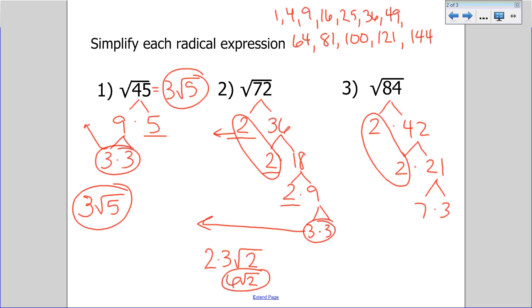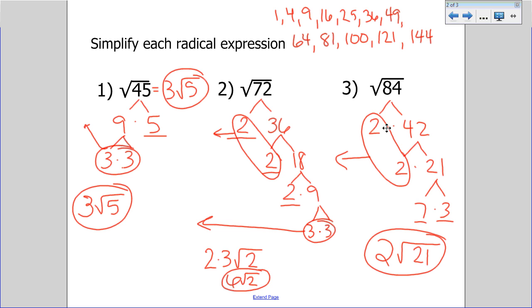These are both prime, so we know they don't break down any farther. So if we look here, 2 is going to come outside of the radical. But this time, the 2 factors I have are left underneath the radical, and so we're still going to multiply those together for 2 square root of 21.